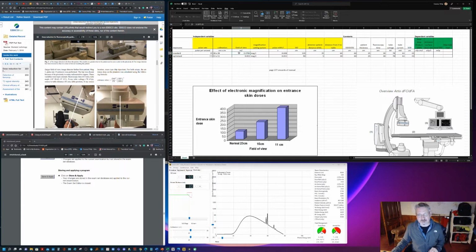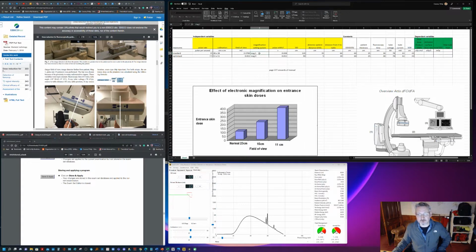They use that in a calculation, so here they calculate their entrance dose based on these numbers. We don't need to do that because our simulator already creates entrance dose values. I was going to try and work that out and use their formula, but it's a little bit long-winded and I don't think it's worth it. So we don't really need this column. It's just there because the paper reports it.